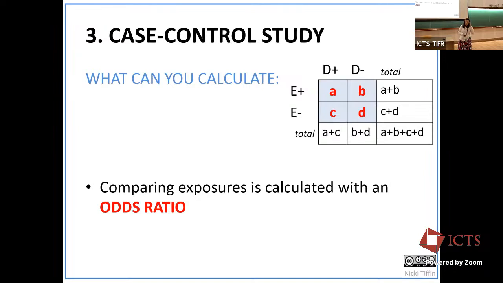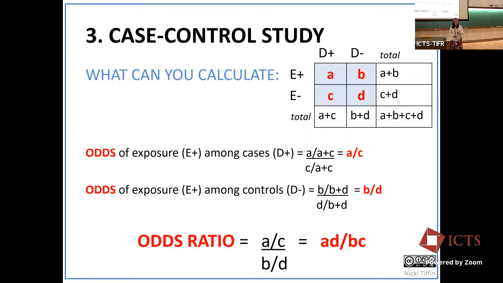So an odds ratio compares, for people with the condition, the likelihood of having had the exposure, to people without the condition, the likelihood of having had the exposure. I hope I got that the right way around, but I've got the formal interpretation coming up.